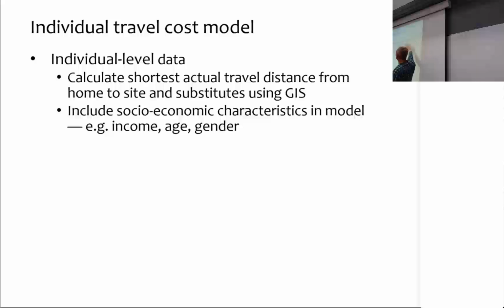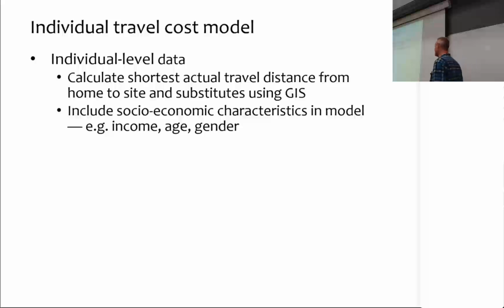So people have switched to individual level data, where instead of putting people in a circle and saying everybody who lives in Brighton is the same, and the travel cost from Brighton is the same to say the Seven Sisters, regardless of where you are in Brighton, which is a ridiculous assumption to make, right?